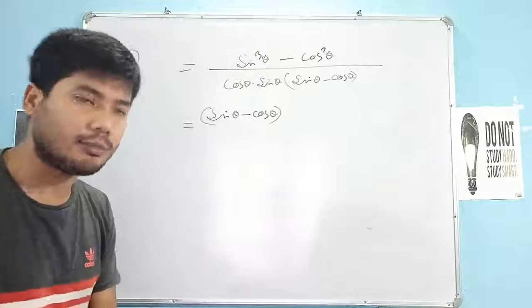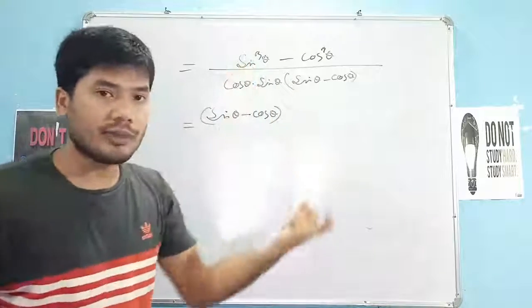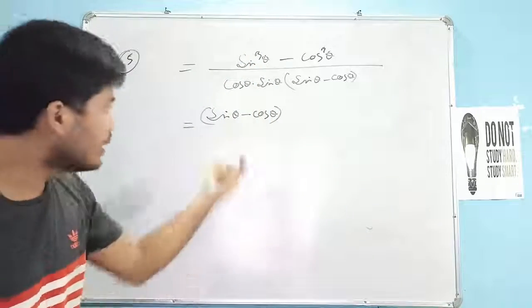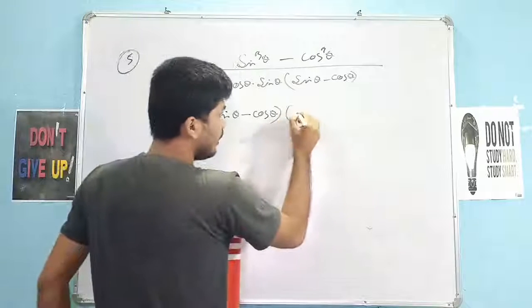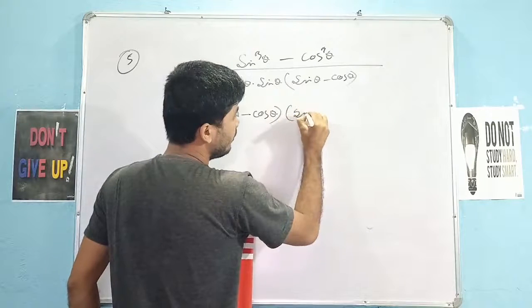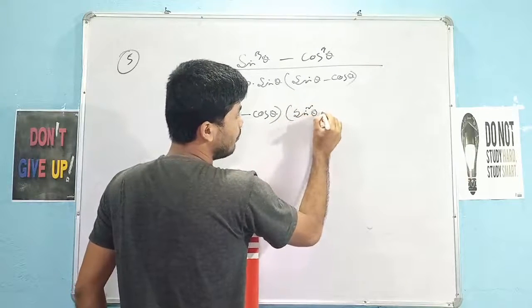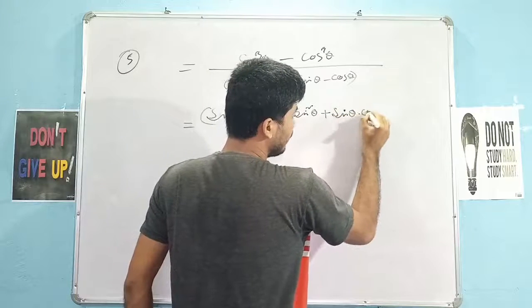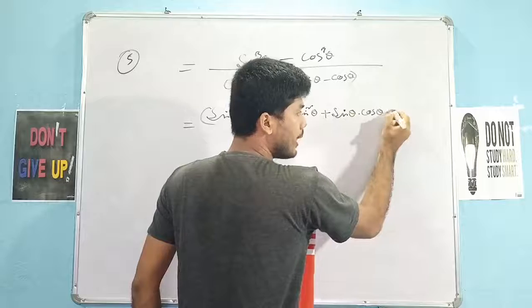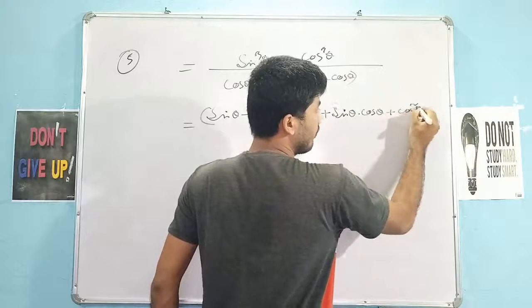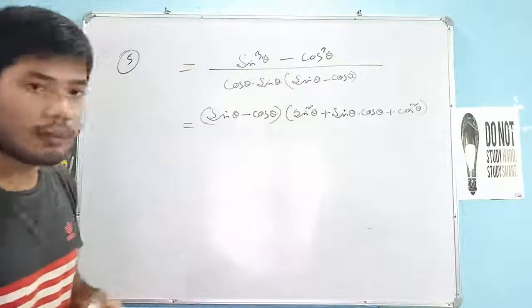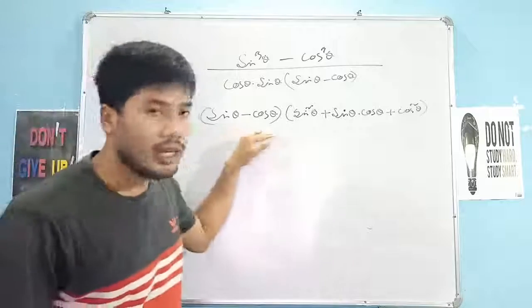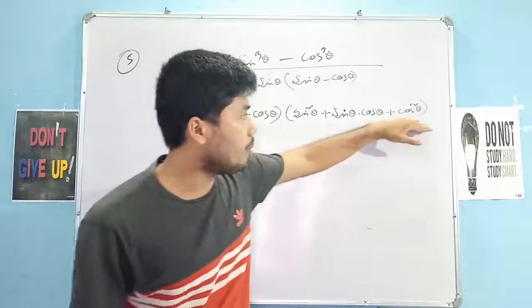That is a cube minus b cube. So a cube minus b cube is a minus b into a square plus ab plus b square, right? What is a cube minus b cube? A minus b into a square plus ab plus b square.